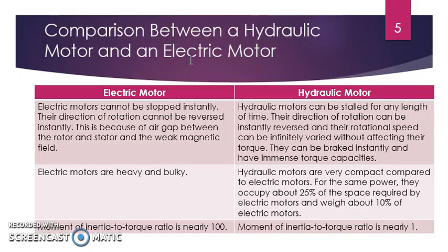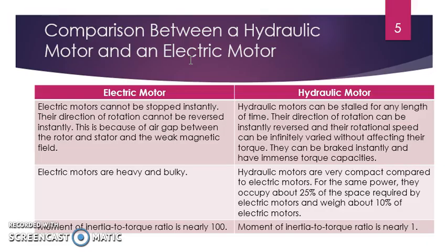Next, we will see the comparison between a hydraulic motor and an electric motor. Electric motors cannot be stopped instantly, and the direction of rotation cannot be reversed instantly. This is because of the air gap between the rotor and stator and the weak magnetic field.